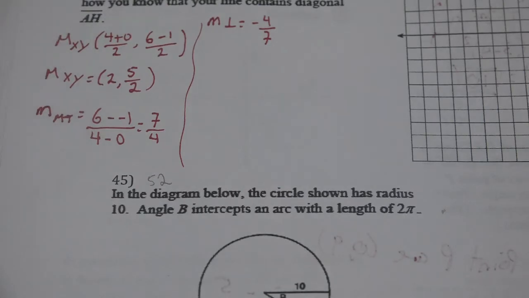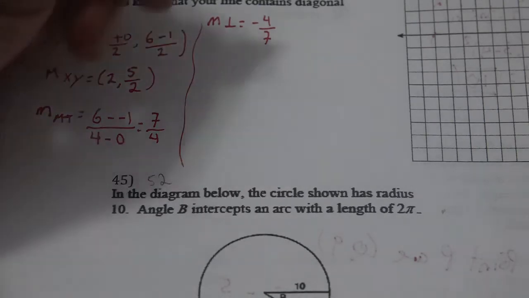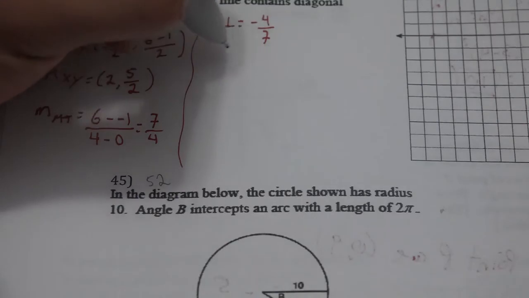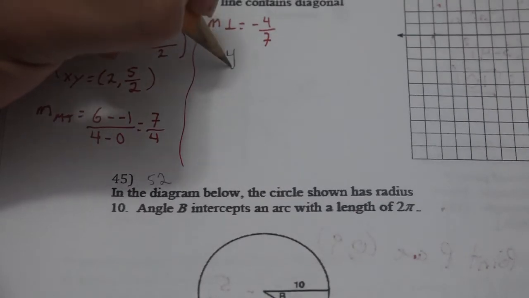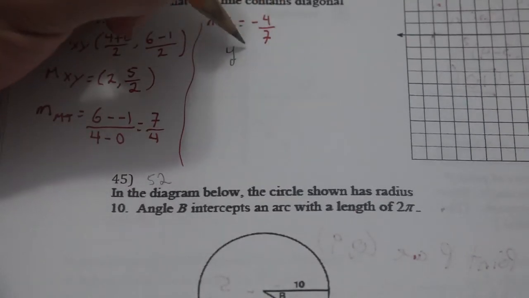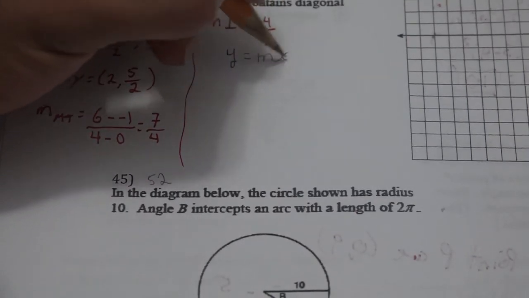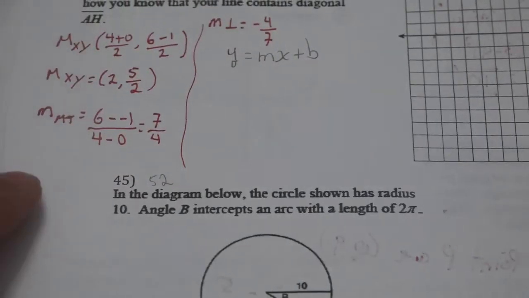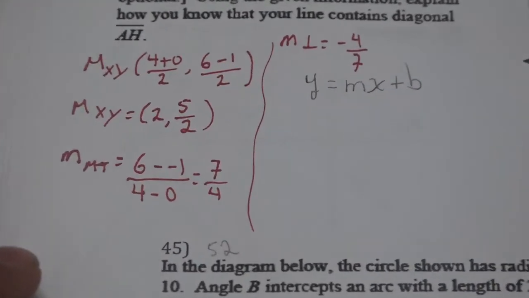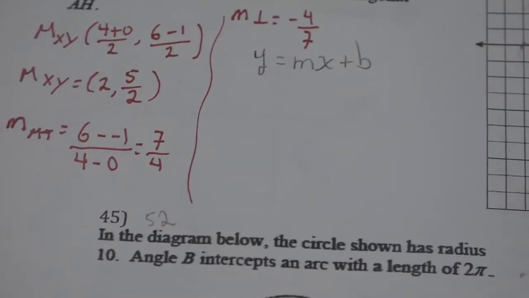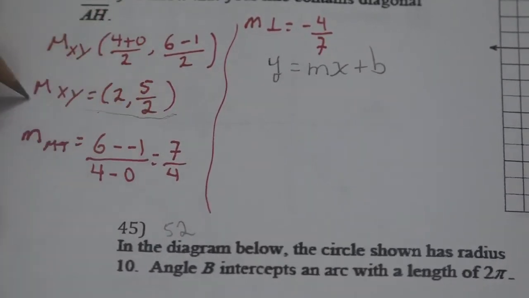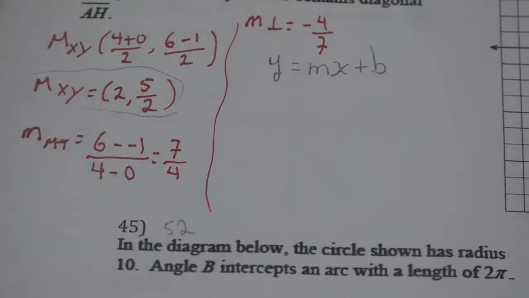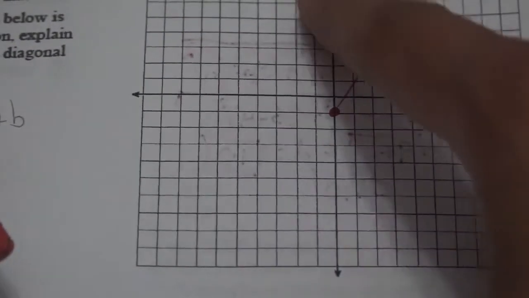I really don't know how to do it that way, so that's why I have to write the equation. How do I write the equation? Well, I'm going to write in pencil because I might make mistakes. To write the equation of the line, I do this: y equals mx plus b. Correct? Okay. Now, what is the point that I'm going to be using? I'm going to be using the midpoint right here, because the other diagonal is going to go through the midpoint.